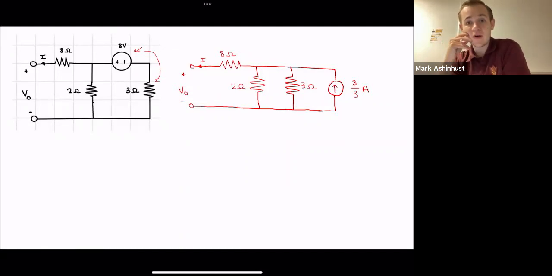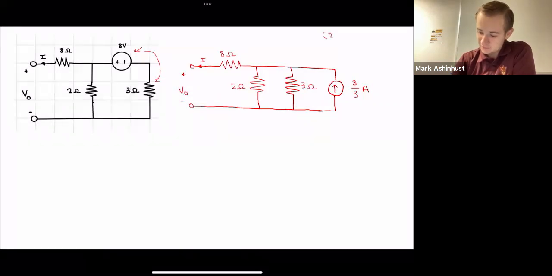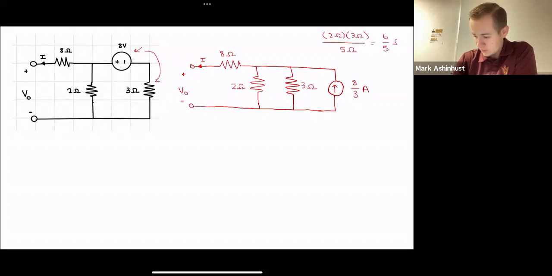And now there are a few things we can add here. Let's look. We have 2 and 3 ohms, so we can combine those in parallel, which is going to be 2 ohms times 3 ohms over 5 ohms, 6/5 ohms. And then we can just do another source transformation from there.